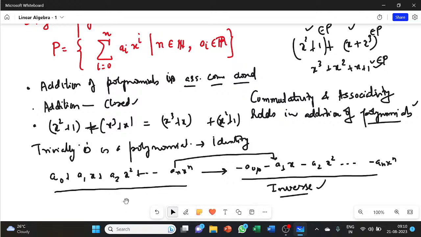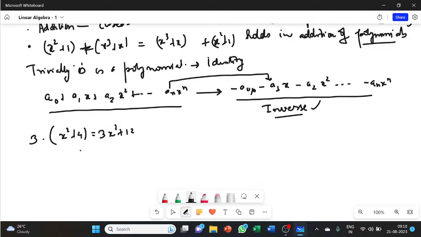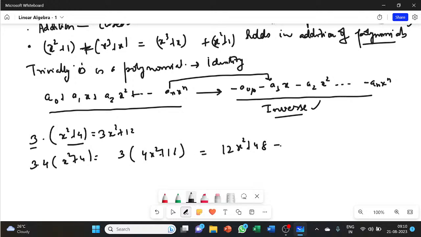Further, with regard to scalar multiplication, it's quite easy to see that if I take a scalar, let's say 3, and multiply it with a polynomial, you can see the result clearly. Similarly, 3 into 4 into x square plus 4, I can write as 3 into 4x square plus 16, which equals 12x square plus 48, which is equivalent to writing 12 into x square plus 4.